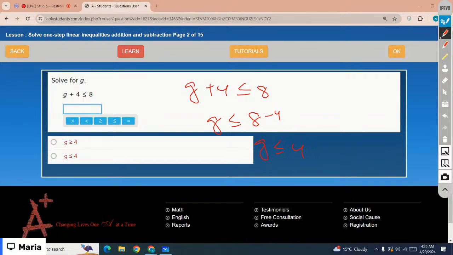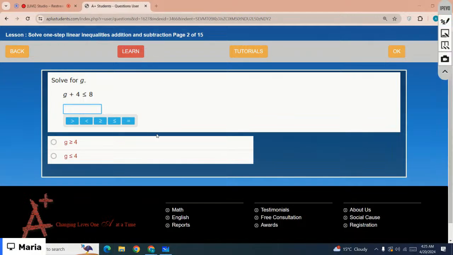The correct option is g is less than or equal to 4. Option number 2 is the correct option.